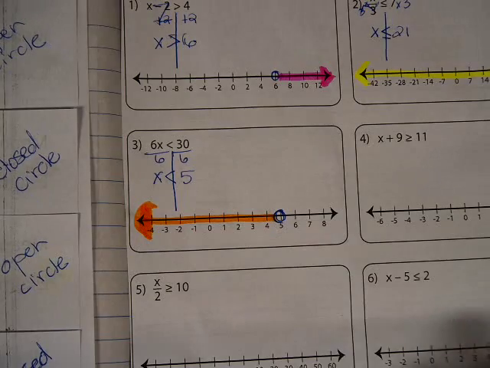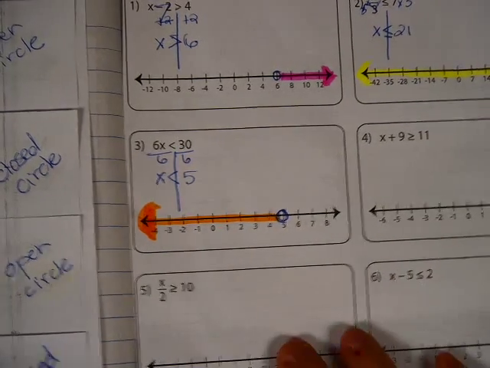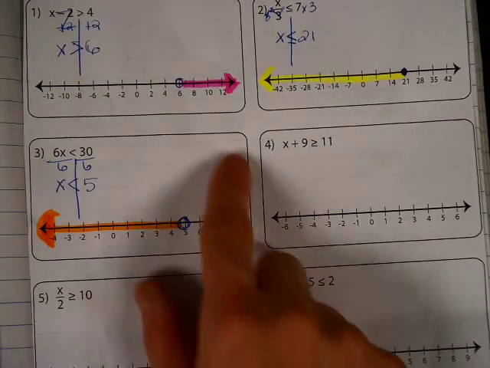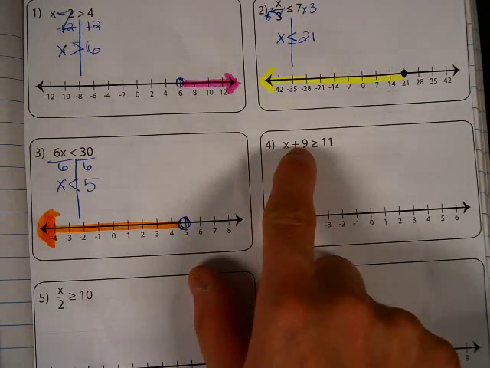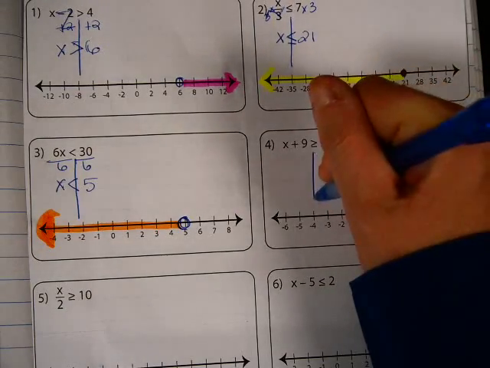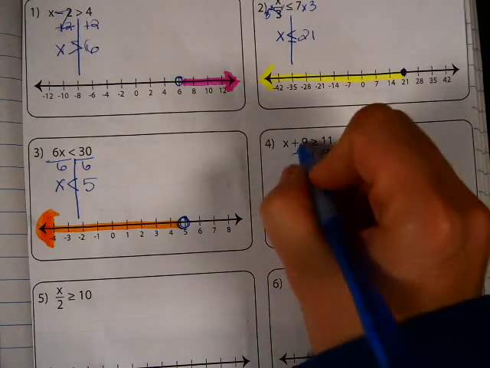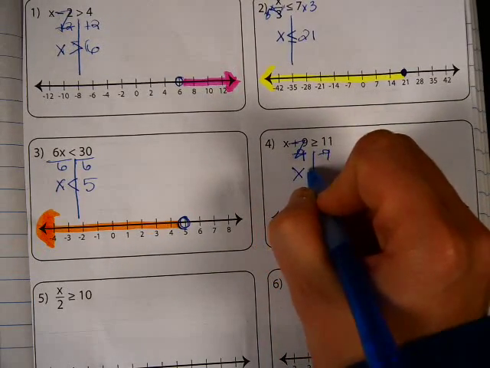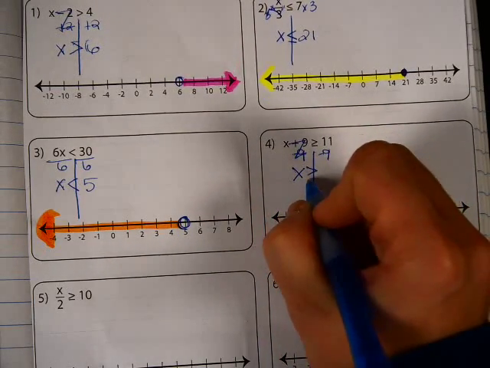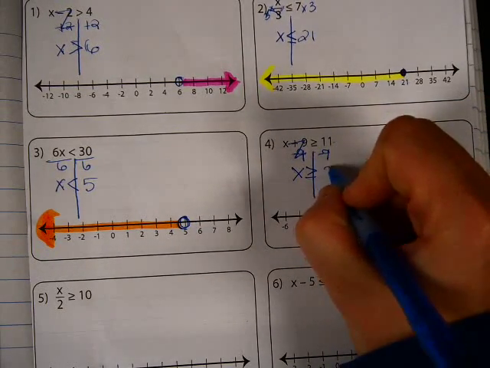One last one, and then I'm going to want you to try these guys. You don't have to finish them, but just try them. Alright, so this is a plus 9. It's like 9 good guards, but the princess wants to be by herself. So we're going to subtract 9 on both sides. This zeroes out, and you're left with x is greater than or equal to 11 minus 9 is 2.